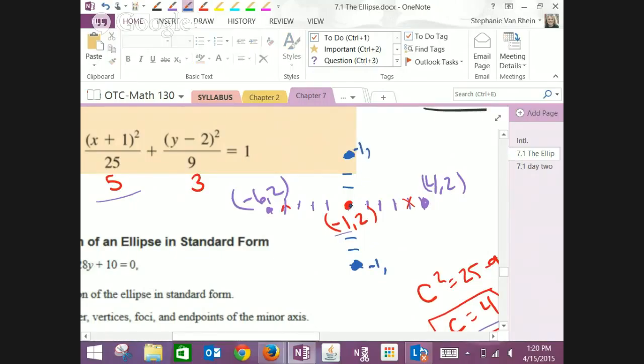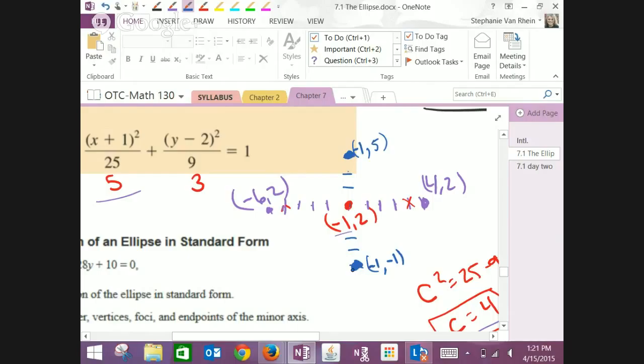So if I have y equals 2 and I go up 3, I have minus 1, 5. And if y is 2 and I go down 3, I have minus 1, minus 1. So my x's stayed the same.